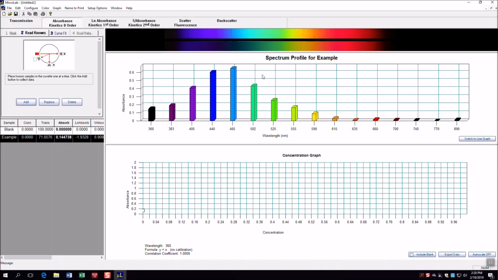So to get the correct data, if we look over here, the absorbance says that it's 0.14, and that is not the number we want to write down. What we want to do is click on the lambda max, in this case 465 because it's the tallest peak, and when we do that, the absorbance number will change to be the absorbance of that particular peak.